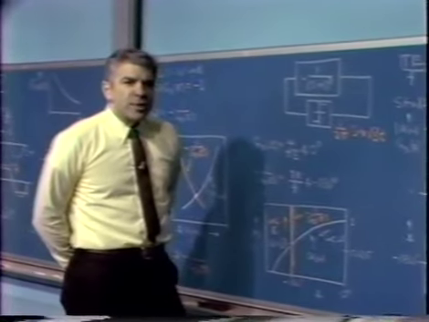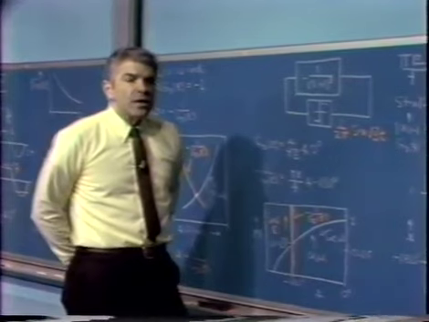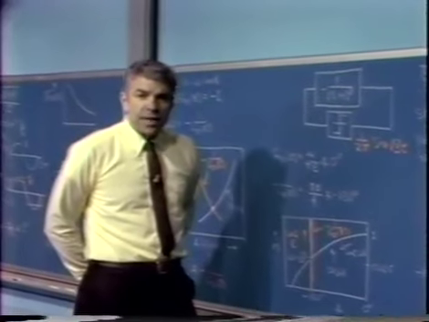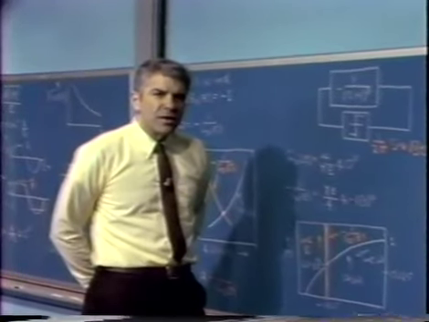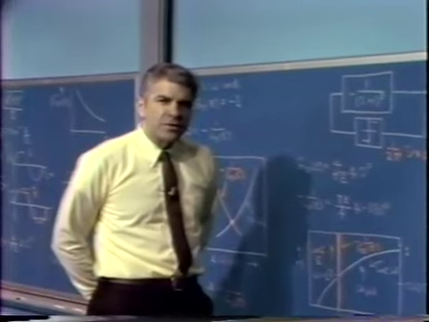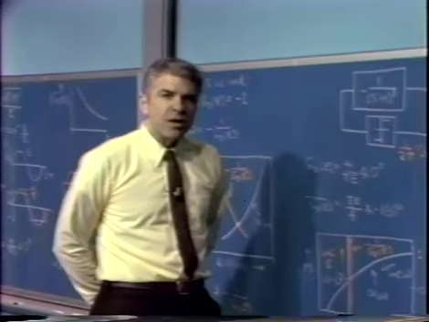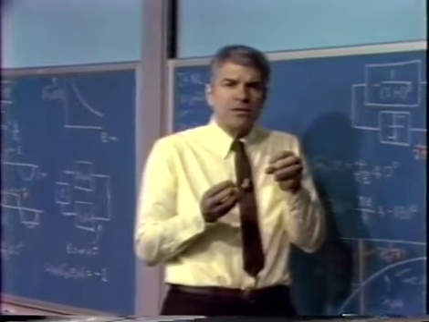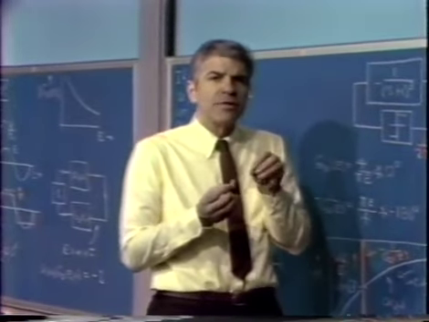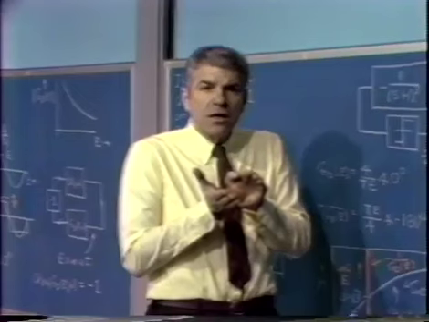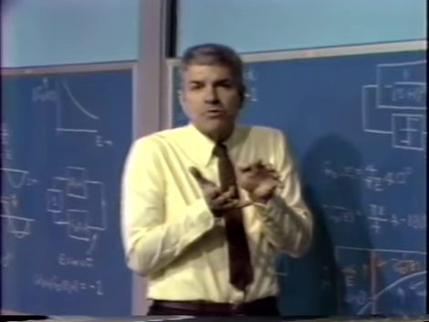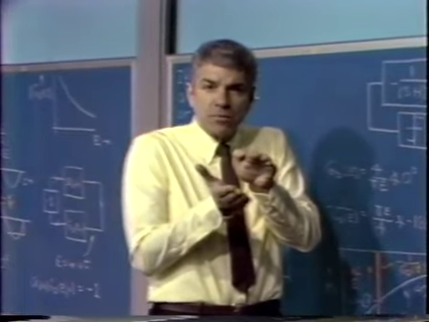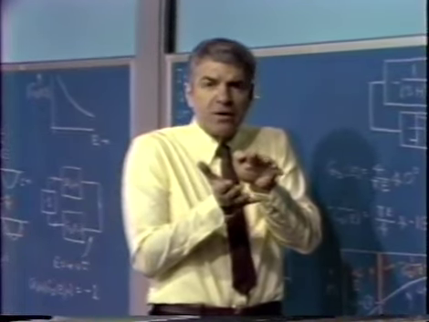And the issue really revolves around whether the oscillation predicted by that intersection is stable in amplitude. In other words, we have to look at a funny kind of stability analysis now. We think that the system may be oscillating, but what we have to do is see what happens if we perturb the amplitude of the oscillation a little bit. Is the system restorative? In other words, if we somehow consider a perturbation that forces a slightly larger amplitude, does the system tend to react to squeeze the amplitude down to its original value?